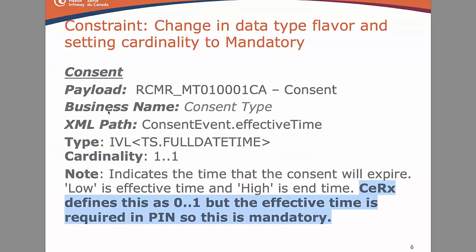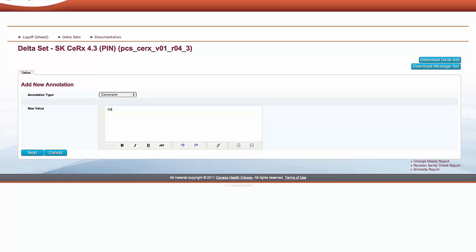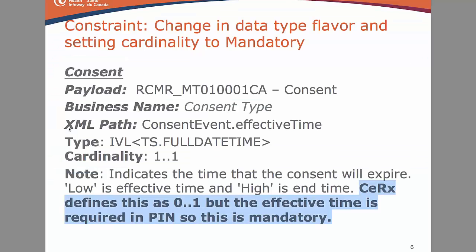And here we can see that CREX defines this as 0-1, but the effective time is required in PIN. So we'll go ahead and type that in. All right, let's just double check that we've got that correct.